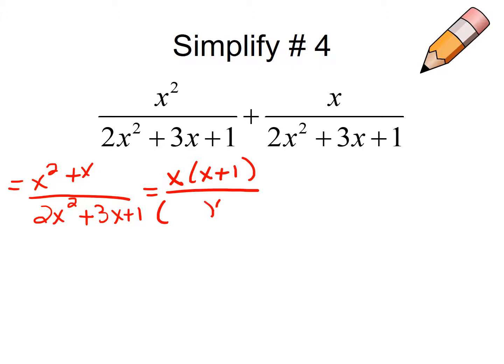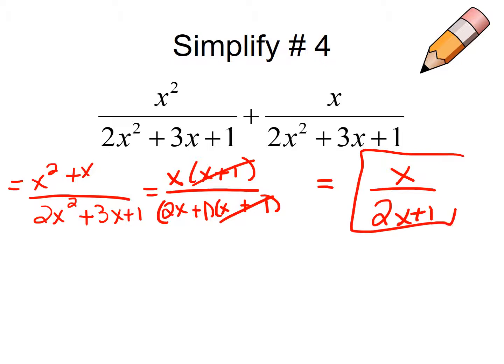Now I'm going to have to use trinomial methods. So I'm going to have 2x and x to get to 2x squared. Well, factors of 1 are only 1 and 1. And does that actually get me to 3x in the middle? Well, 2x times 1 is 2x, plus 1 is indeed 3x for the middle. So look at that, I can slash my x plus 1s. So my final answer is x all over 2x plus 1.